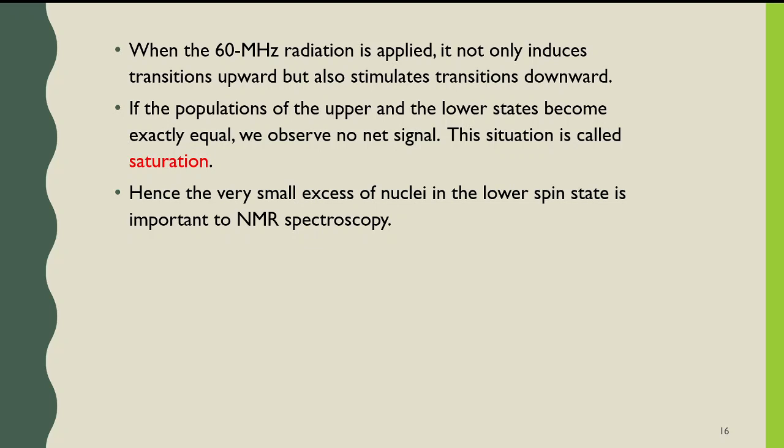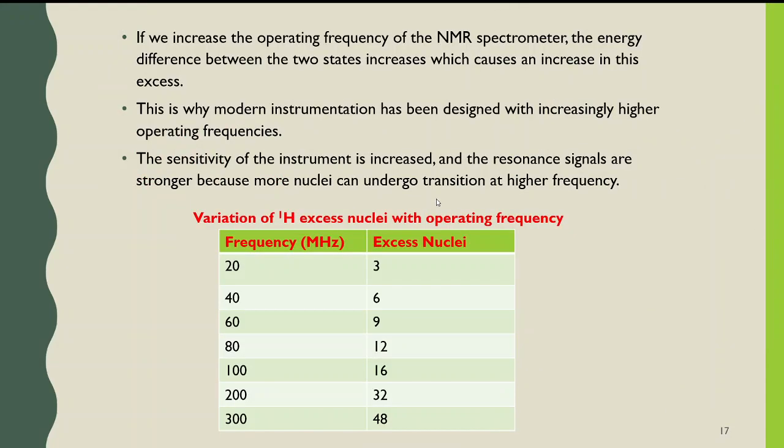When the 60 megahertz radiation is applied, it not only induces the transition upward, eventually it has to decay. If the populations of the upper and lower states become exactly equal, then you have a situation called saturation. And this very small excess in the lower spin state is important to NMR spectroscopy because it determines the sensitivity of the instrument.